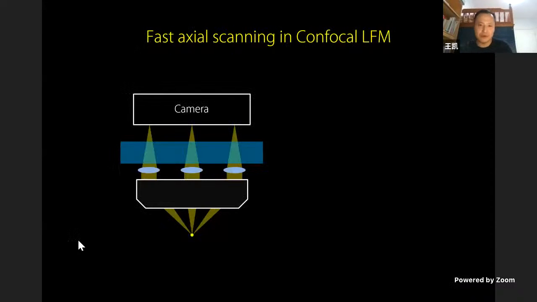So for example, if you look at this, we use a large numerical aperture objective, as large as we can, to get high resolution in the axial direction, because the axial direction is determined by the largest angle we can collect, on the edge of the micro lens at the edge of the pupil.